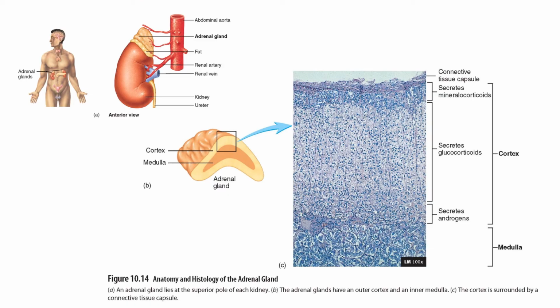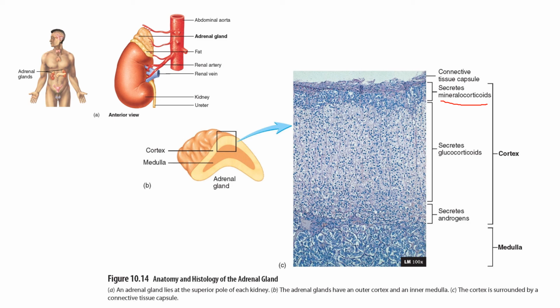So, in this one, it shows you the anatomy and histology of your adrenal gland. Okay, so what you see here in letter C is actually the cortex. So the cortex has the secretion of the mineralocorticoids, that is its outermost part.